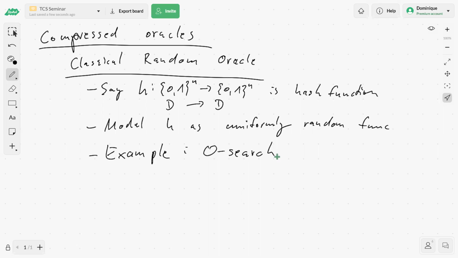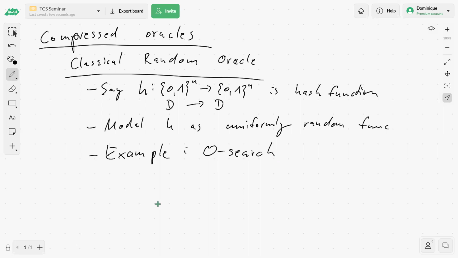We expect this is hard to do because there are many outputs, so finding one that gives zero has a small probability. Let me very quickly go over how we prove this in the classical setting, because that's the starting point for what we will do throughout this talk.